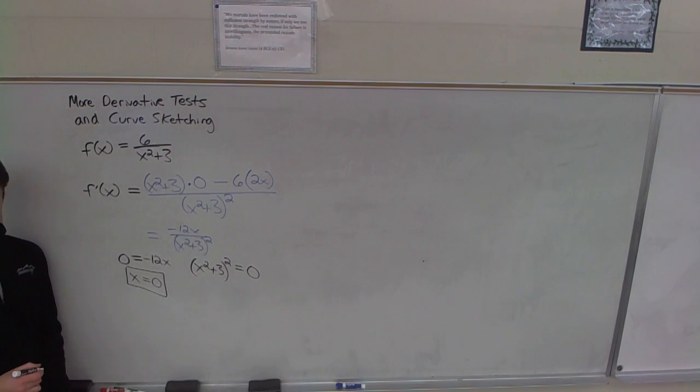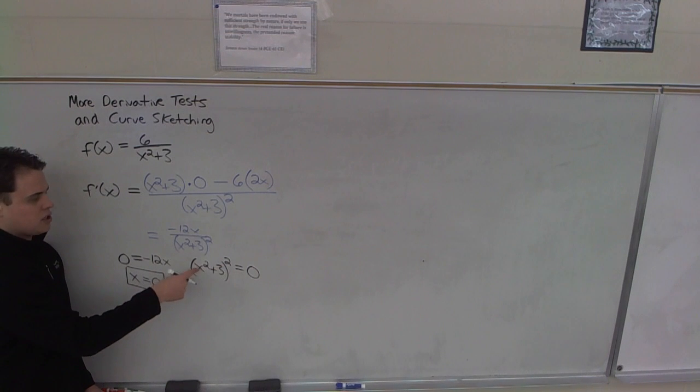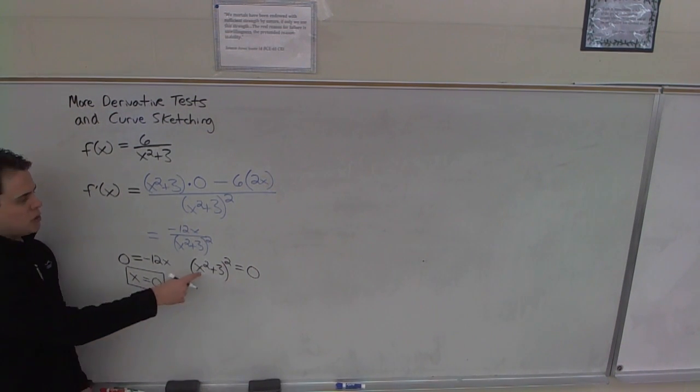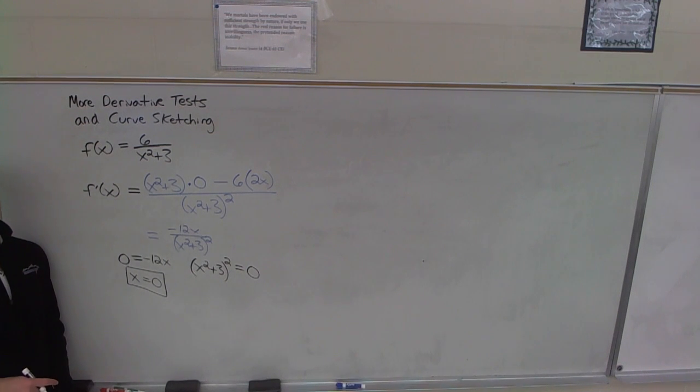You can solve this equation, of course, which I'm going to. You can also think about it abstractly. I encourage you to do both. Abstractly, is this going to be 0 anywhere? No. Why? You're squaring something that's strictly positive. What's the smallest this thing inside could possibly be? 3. It'd be 3 if x was 0.